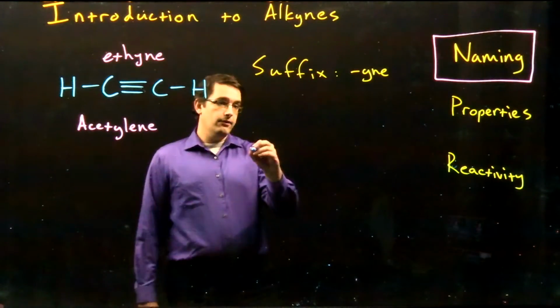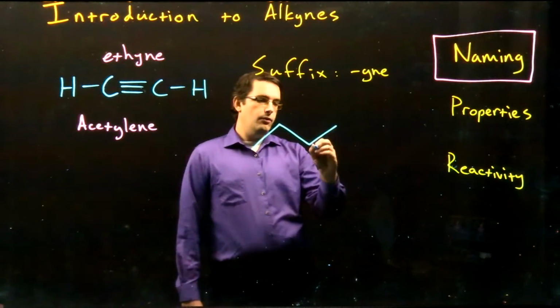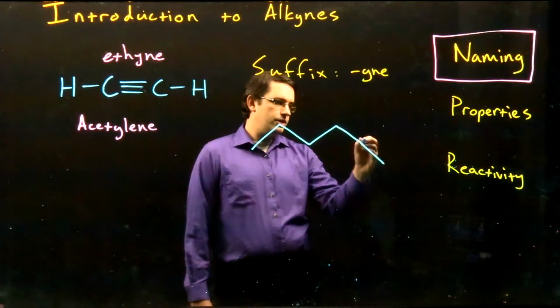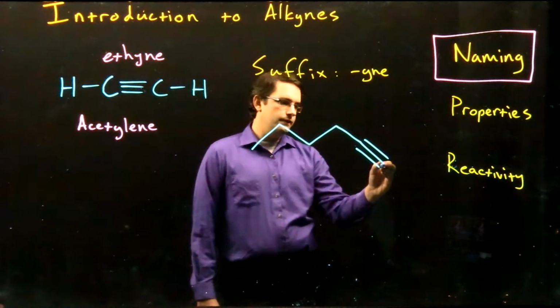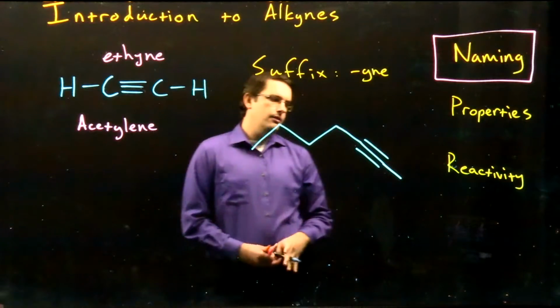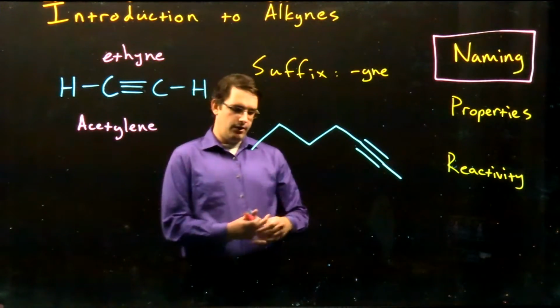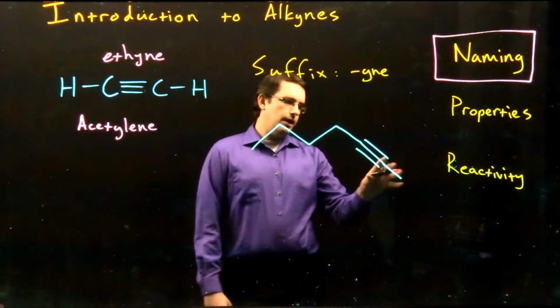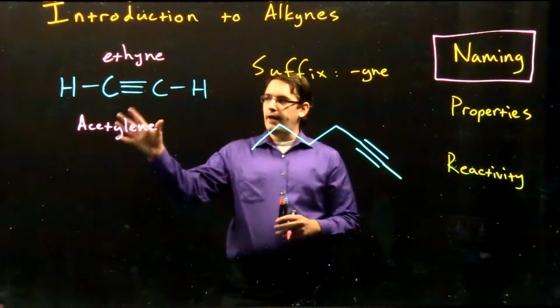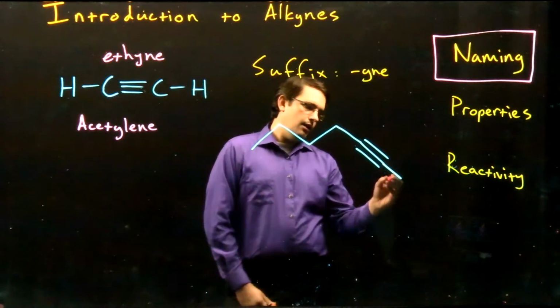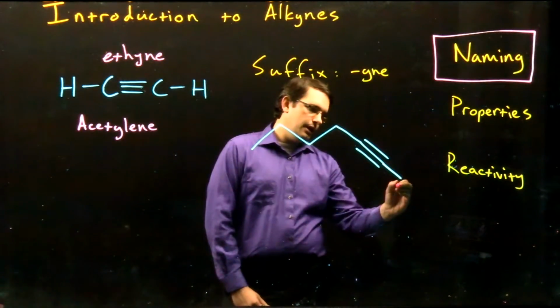As usual, if we have larger structures, we need to indicate the position of our alkyne using a number. Right, so in this case we have our alkyne over here. So alkynes are going to be linear due to their sp hybridization. So that's why I've drawn this in a straight line.